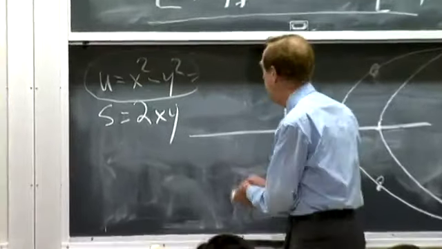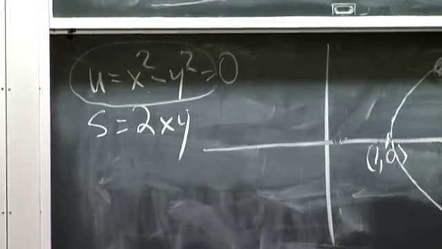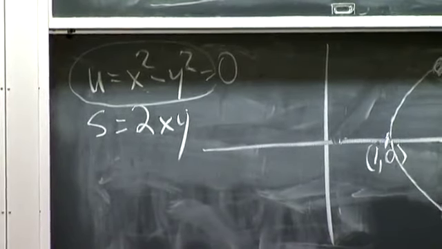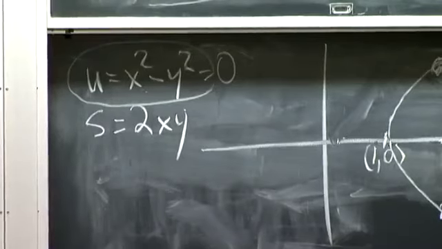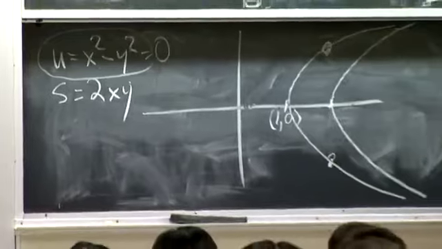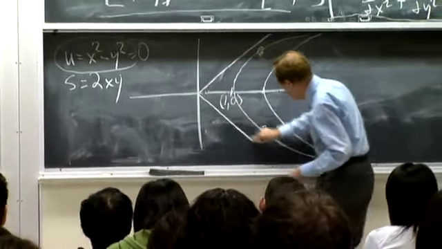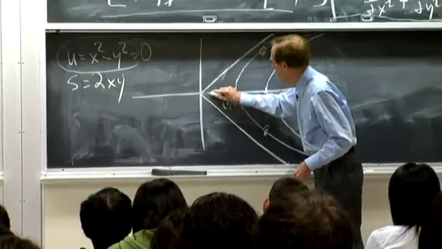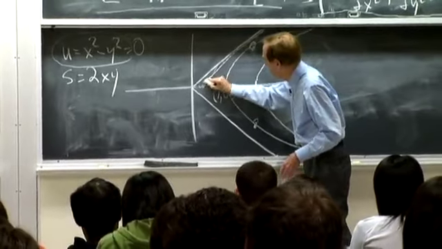When that is 0, what's my curve? What are x and y? They'll be the same. x will be y or minus y. I'll be on that straight line or on this straight line. So all these other hyperbolas are kind of asymptotic, whatever the word is.